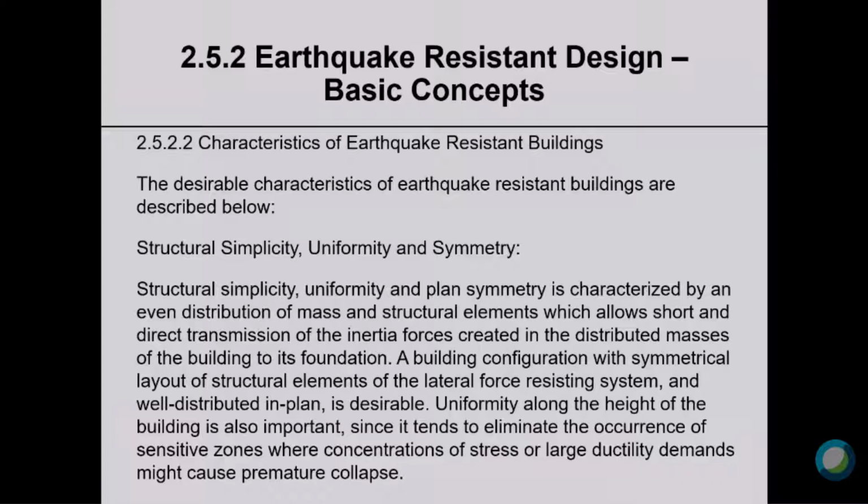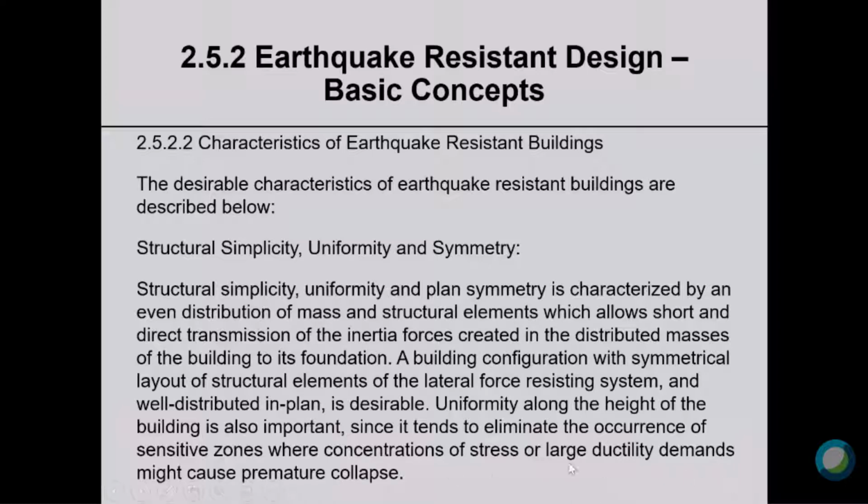A building configuration with symmetrical layout of structural elements of the lateral force resisting system and well distributed in plan is desirable. Uniformity along the height of the building is also important since it tends to eliminate the occurrence of sensitive zones where concentrations of stress or large ductility demands might cause premature collapse.